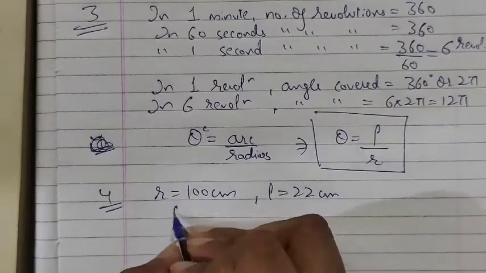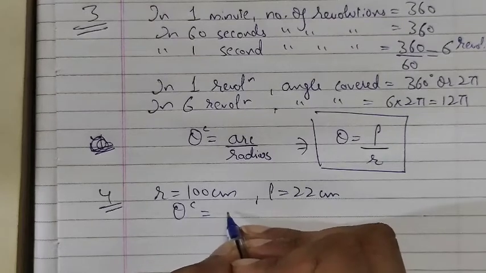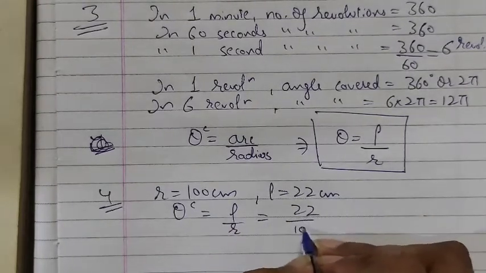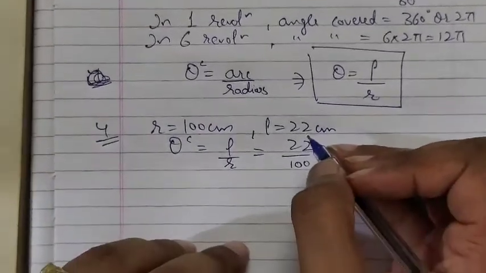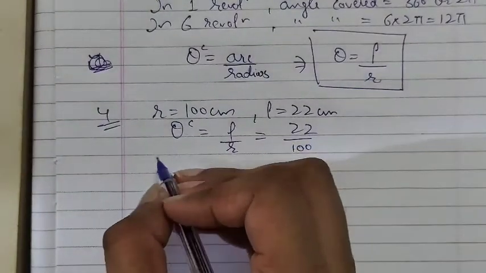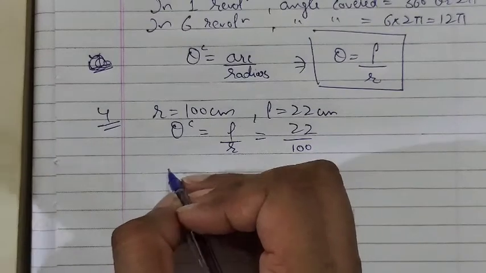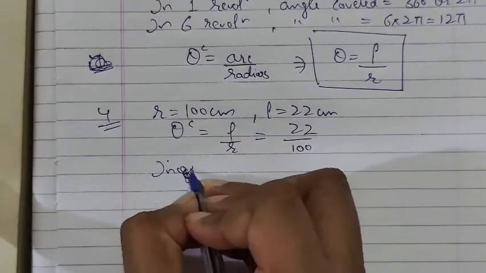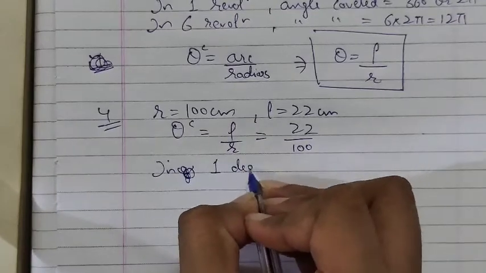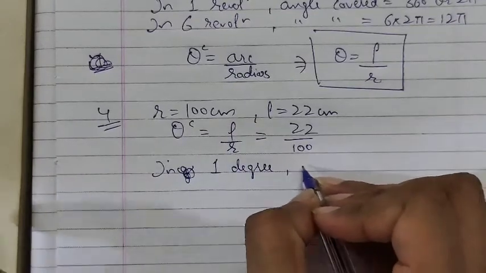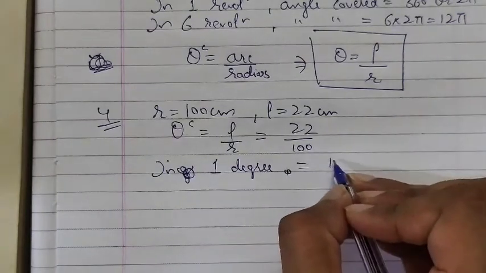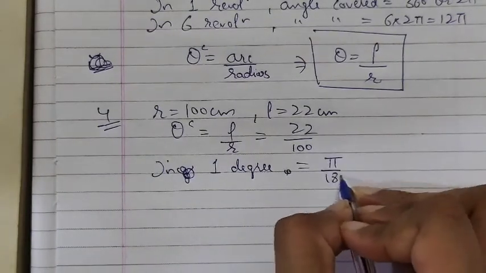So we know that theta radian is equal to L upon R, which means 22 upon 100, right? So this is theta in radian. What we have to find out is theta in degrees. 1 degree is equal to pi upon 180 radian.